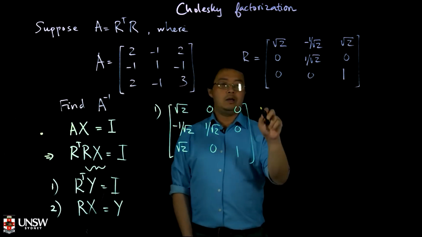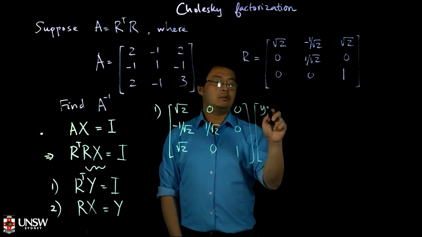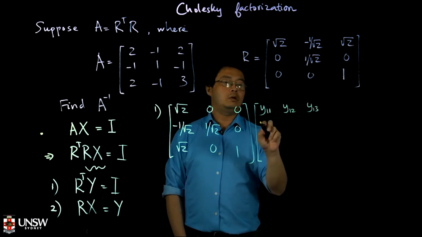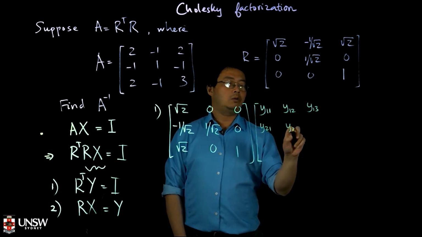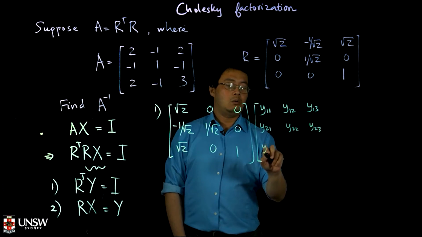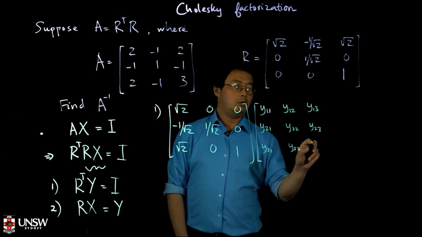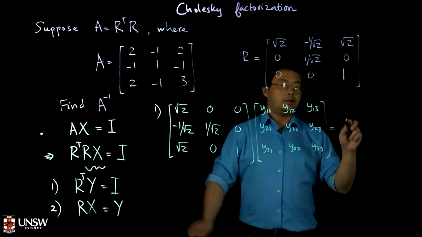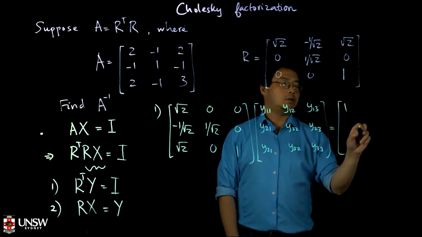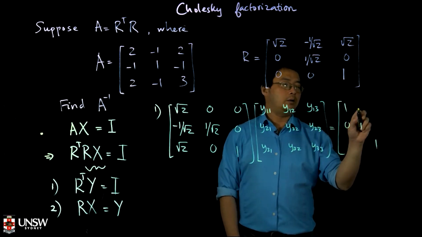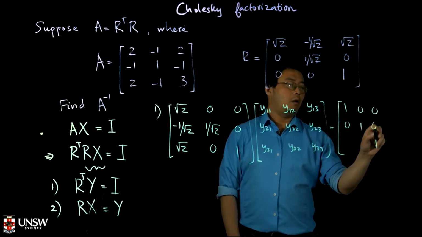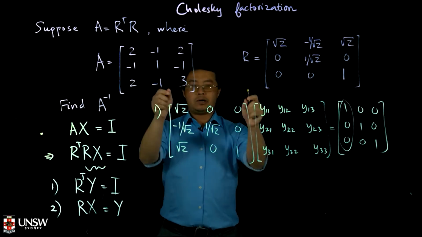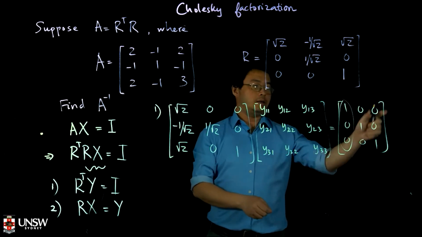The matrix Y, I just write down entry by entry: Y11, Y12, Y13, Y21, Y22, Y23, Y31, Y32, Y33. Then I set it equal to the identity matrix, which is 1 on the diagonal and 0 off the diagonal.